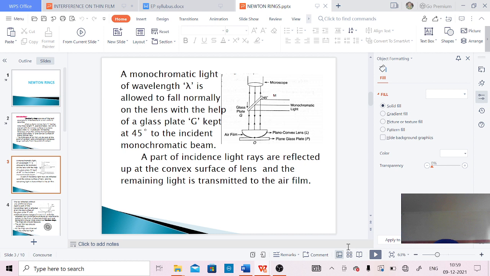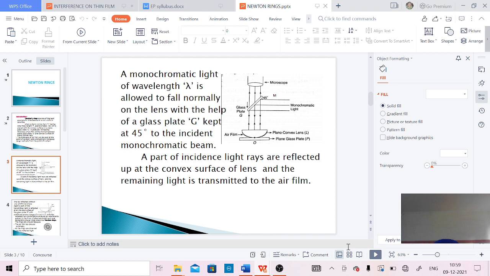This is another glass plate G, inclined at 45 degrees to the incident monochromatic beam.